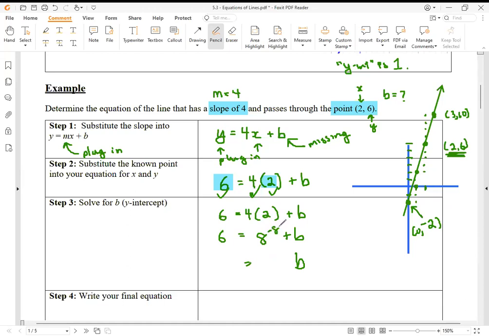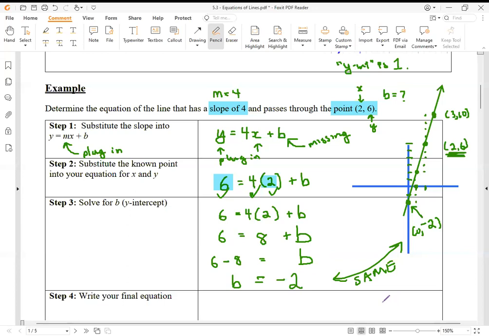So it's -8, -8, 6 minus the 8 equals the... Okay, so b is equal to -2, which is the same. Okay, and that's the whole point.